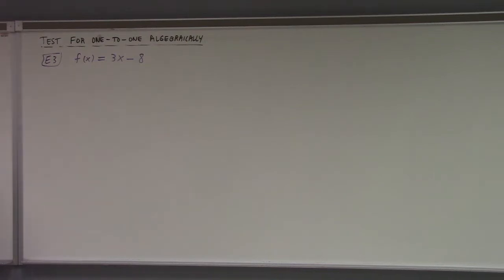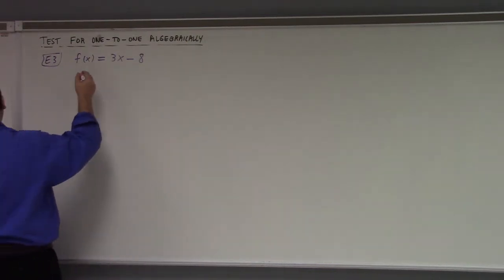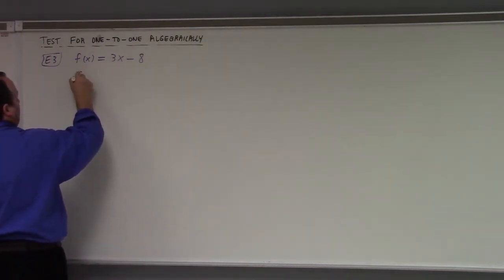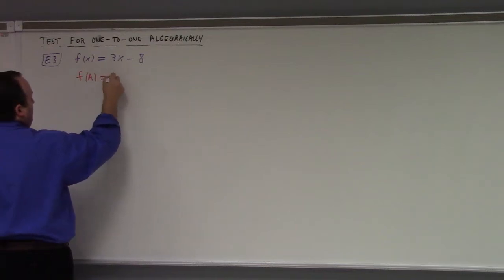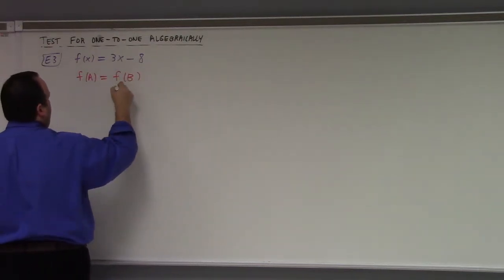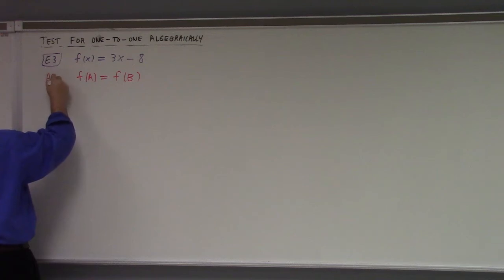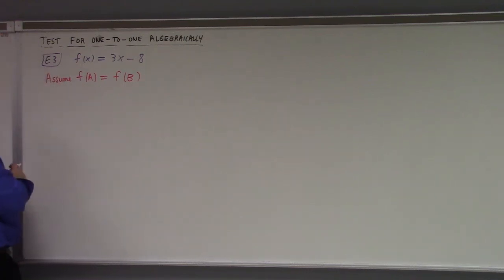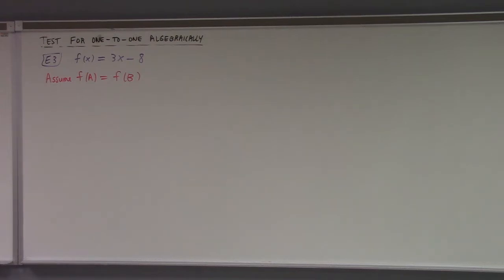You could use x1 and x2 if you want, but I think a and b is easier to stare at. So we assume f of a is equal to f of b, and then our goal is to show that that assumption implies that a is equal to b. That will prove that the function's one-to-one.